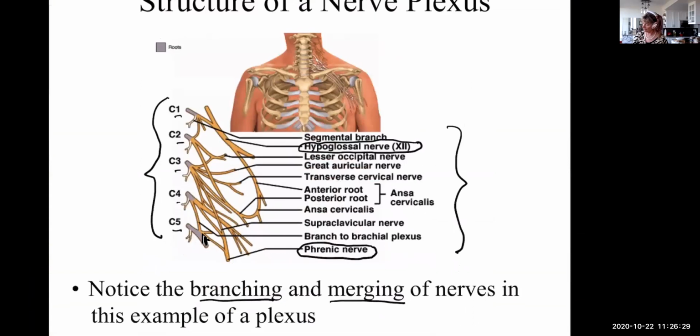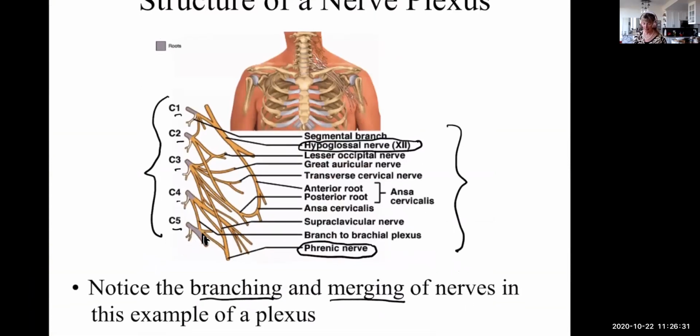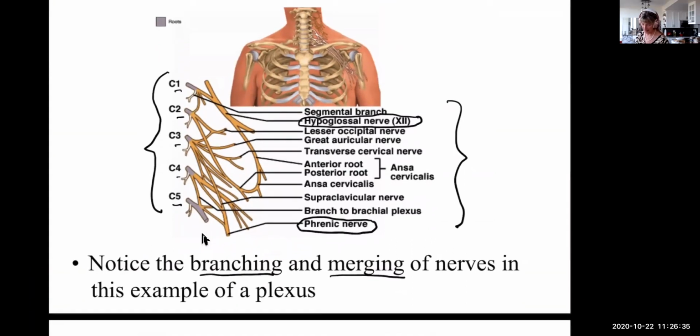The structure of a nerve plexus. Yeah, so there's the cervical plexus. Let's see, I'll just choose one. The phrenic nerve innervates the diaphragm.